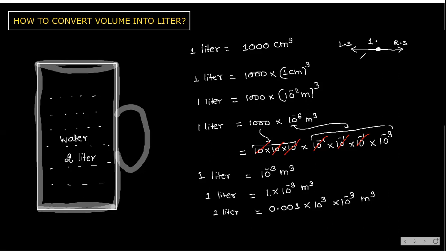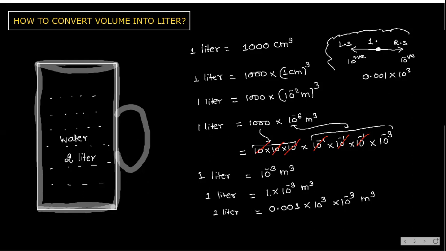When we are shifting to the left side, it is 10 power positive power, yes or no? And this side, 10 power negative. How many decimal places are we shifting now? 0.001 means how many shifted? 3 shifted. That's why positive power, 10 power 3. Clear? Yes, sir.